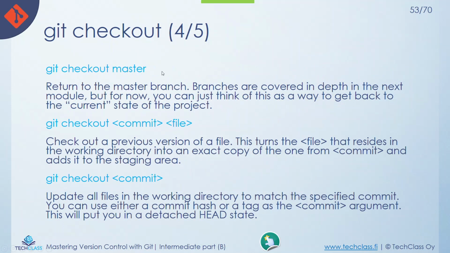We can use checkout with the name of a branch to check out a branch and go to that branch state. Or, as I said, for a file, check out the commit. It means we are not bringing back the whole commit, and if we have multiple changes or new files, we are only bringing back the history and edition of that file for that commit. When we apply checkout on a commit, we are getting back to that phase for the whole commit.